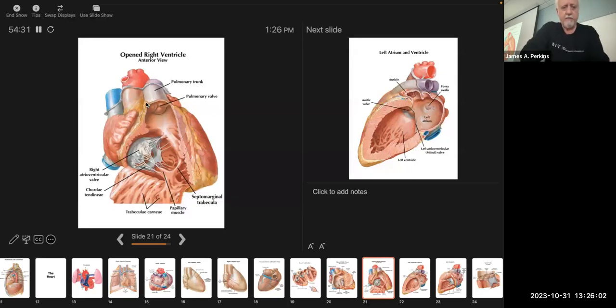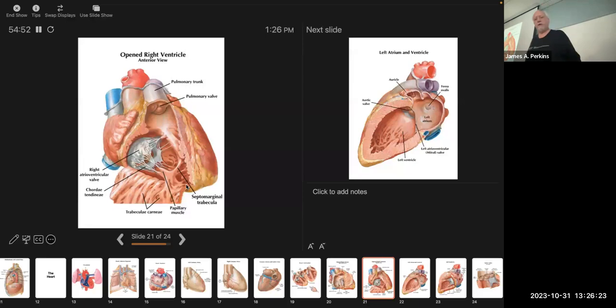Then you're going to cut across anterior to the pulmonary valve, and then carry that cut back down right along the septum between the 2 ventricles. That's the interventricular septum. Carry that cut all the way back down to the right margin of the heart.